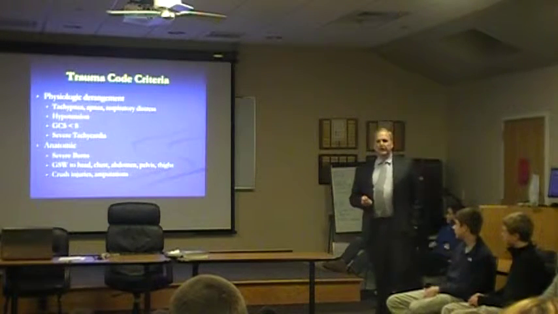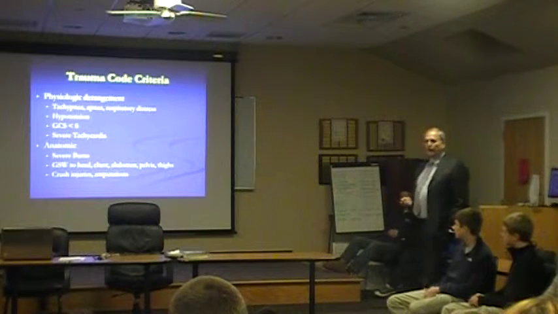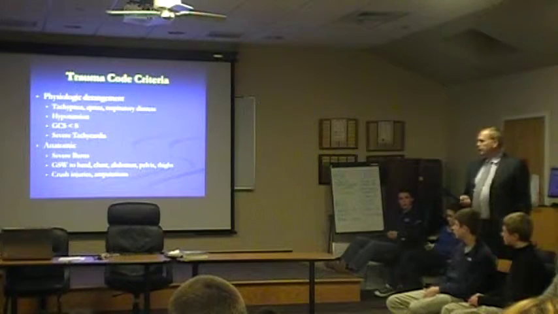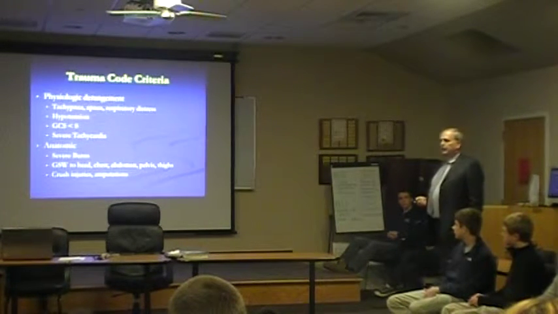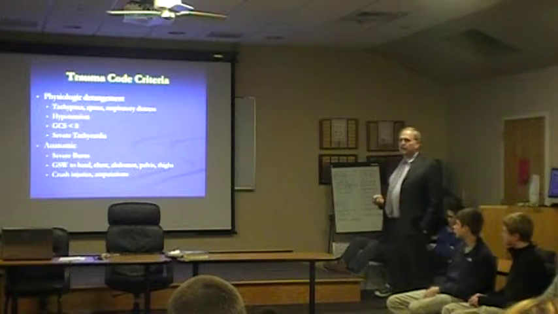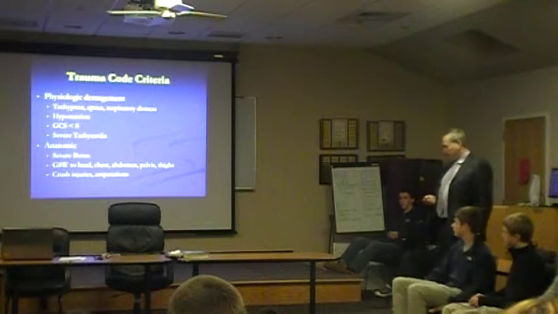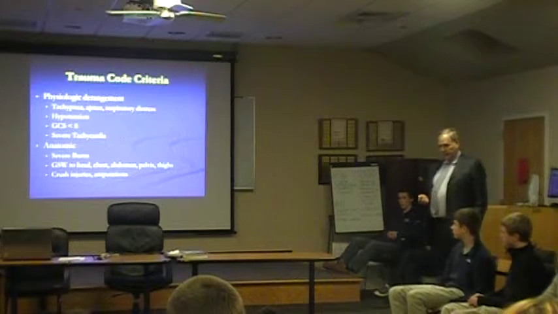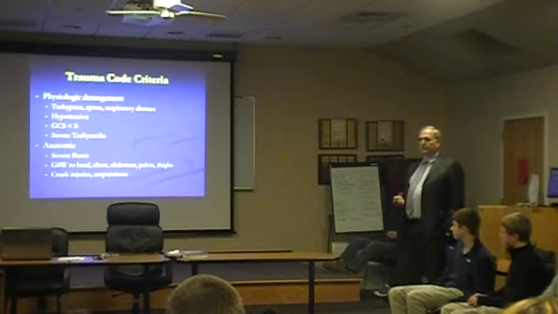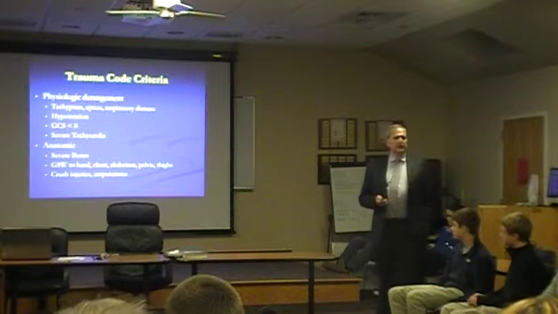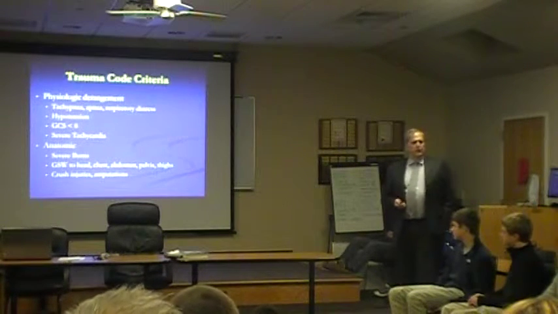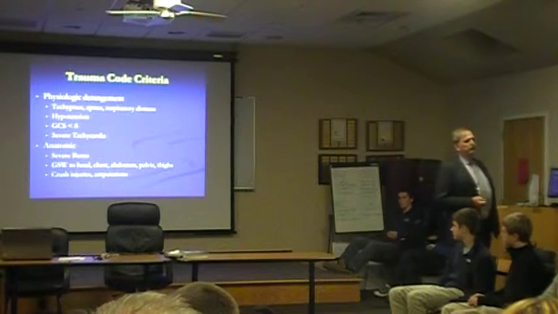They're either very tachypneic or they're not breathing at all, so they're having some kind of respiratory distress. They could be hypotensive. They could be unconscious, and a Glasgow Coma Scale of 8 means you're unconscious. Or they could have severe tachycardia. So there are all physiologic parameters saying this is a sick patient from their trauma, and that they need to have as many people in the trauma bay ready to attend them as possible.